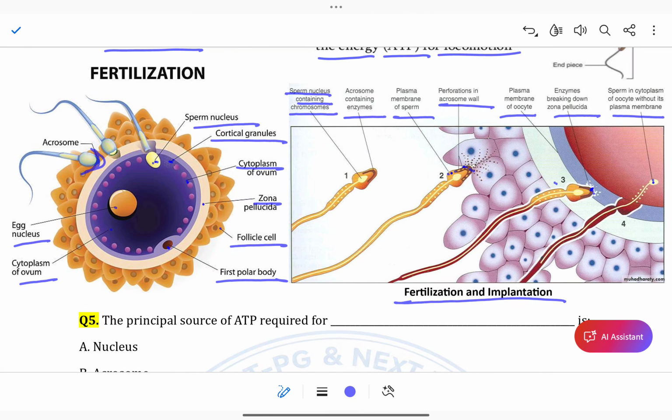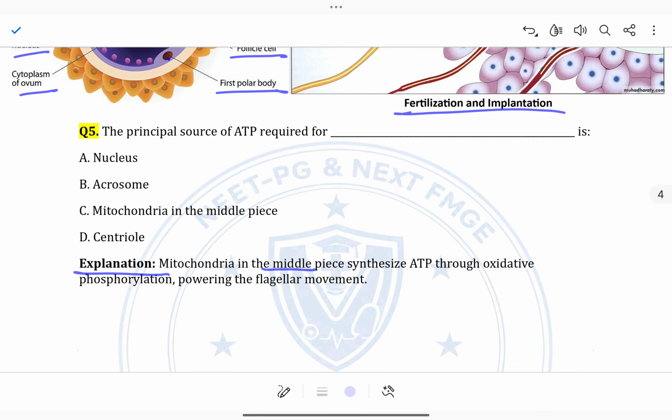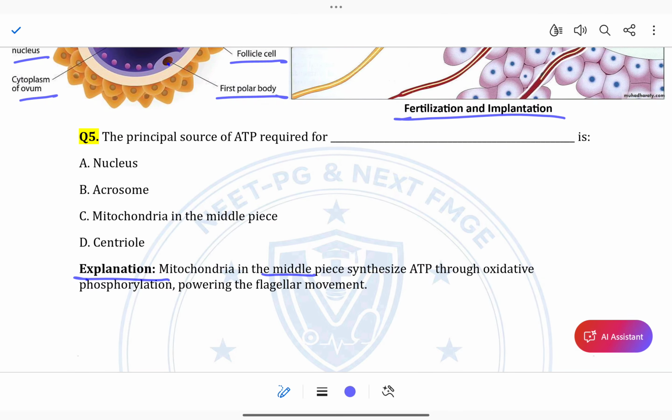Okay. Come to question number 5. The principal source of ATP required for sperm motility.